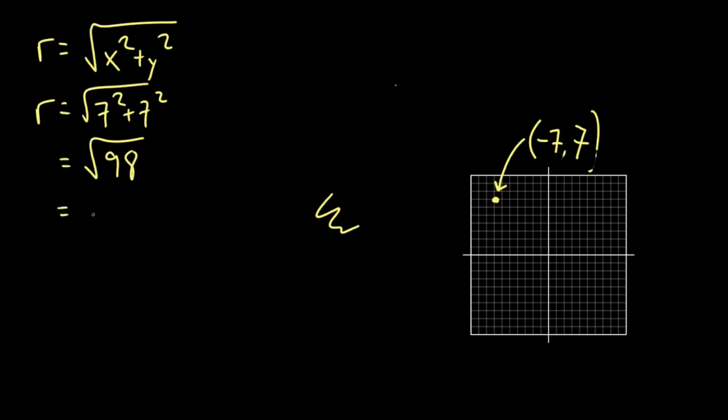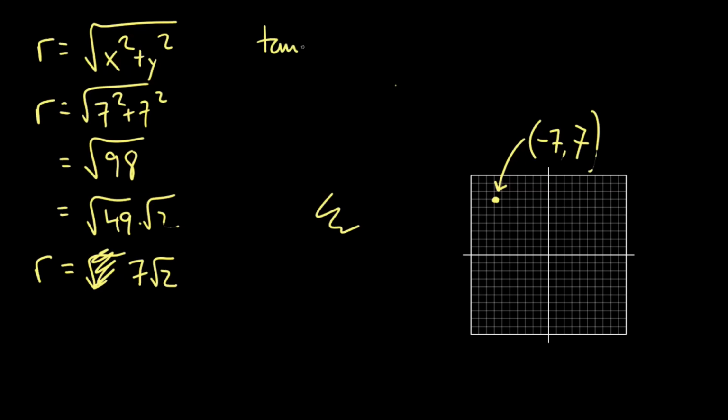And 98 contains 49, so I could split it apart like that. And so I'd have 7 root 2 for r, so that's our exact r value then.